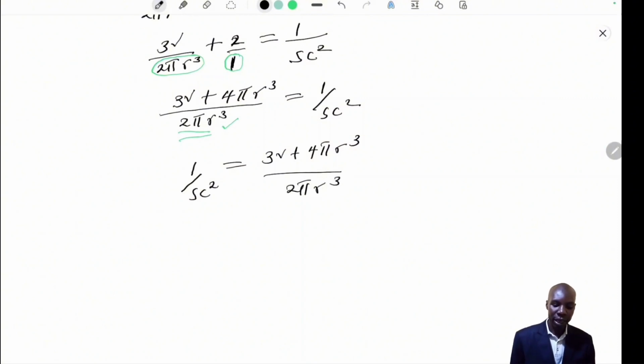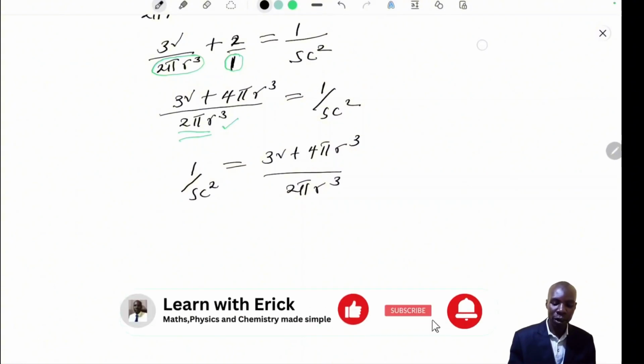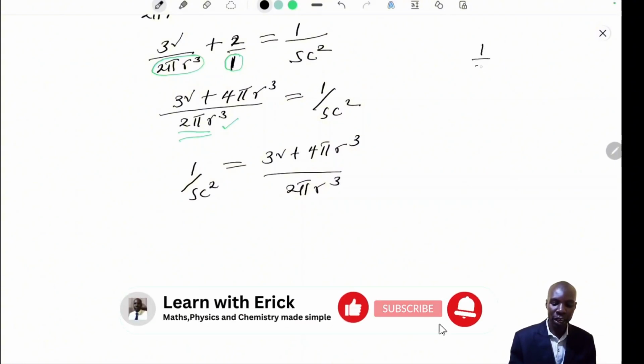Then we can get the reciprocal. Remember, the reciprocal of 1 over x is x.